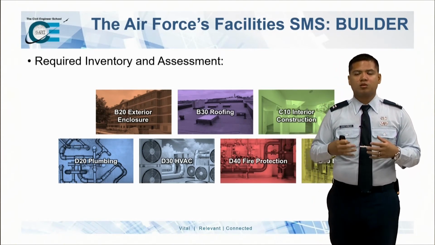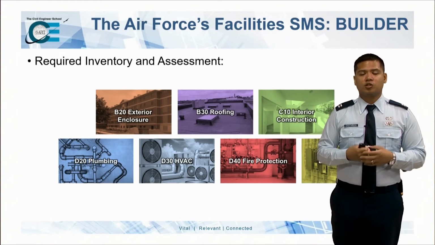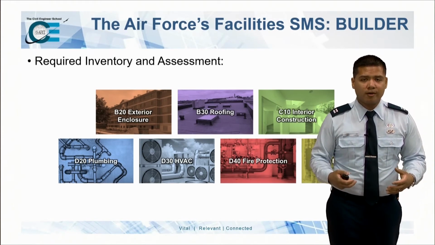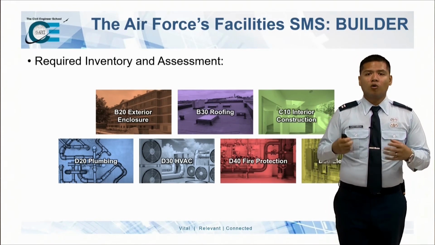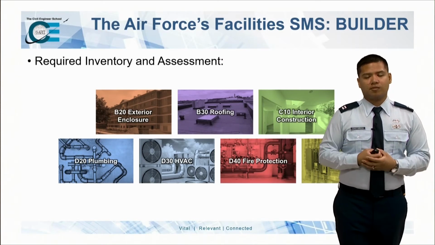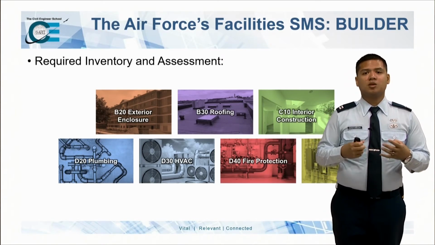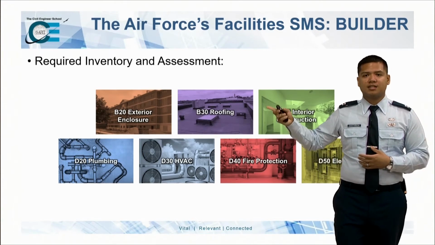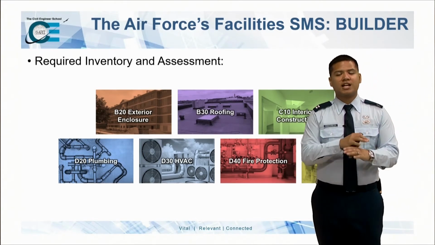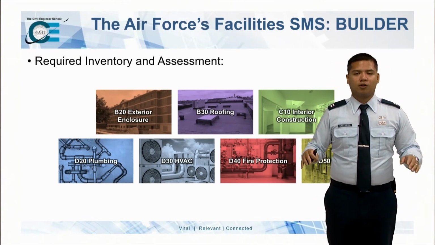Now, there are more than just these 7 systems. There are 13 critical systems that we're going to talk about in the next slide, but there are over 20 total systems that a facility can have. So just because we have these 7 systems populated doesn't mean that's where we stop populating our inventory.